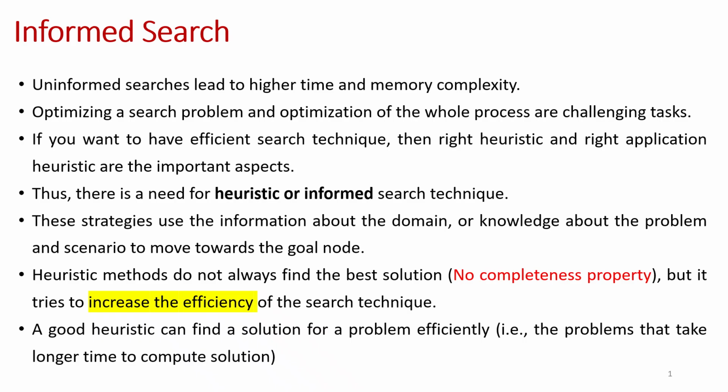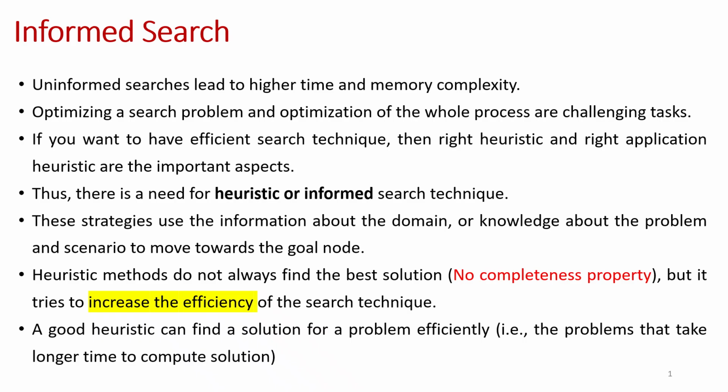The effectiveness of informed search depends on the quality of the heuristic function used. The primary objective of informed search is to improve efficiency by reducing the number of states that need to be examined. These strategies use knowledge about the problem domain, the environment, as well as the characteristics of the goal to guide the search process.